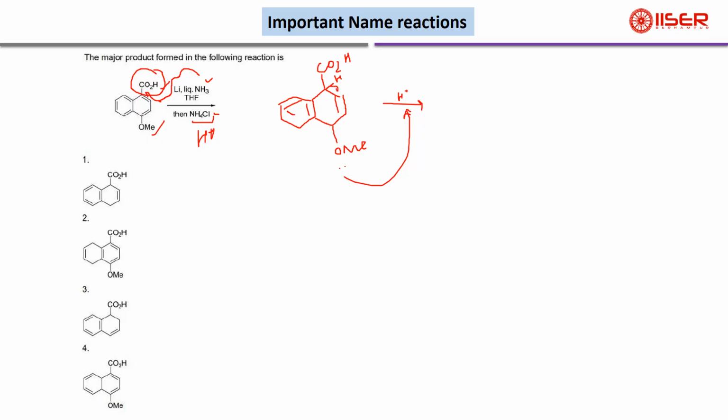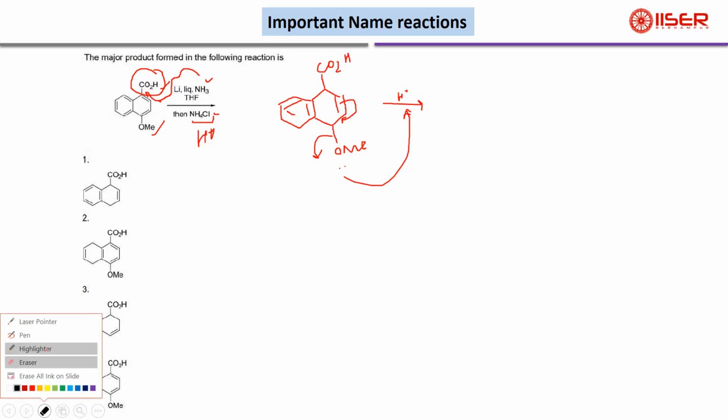This comes here, this double bond moves to here and removes from the system. So only this double bond is shifting. Only this double bond will move to here.